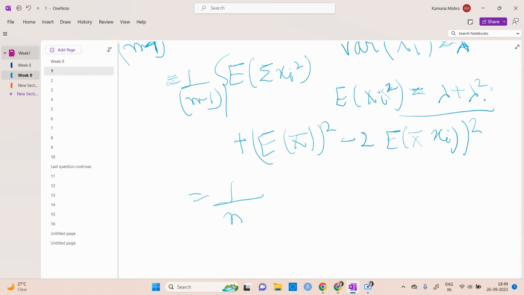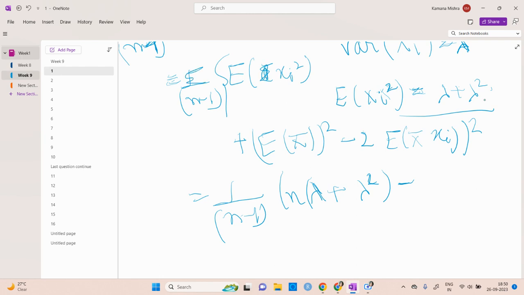So this will be 1 upon n minus 1, and then that will be lambda plus lambda square, n times, minus the other term. The summation will come over everything.